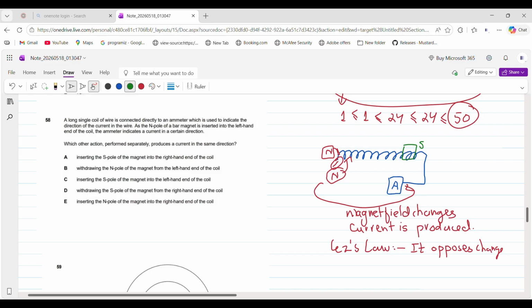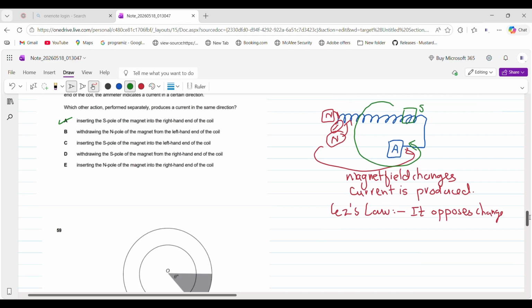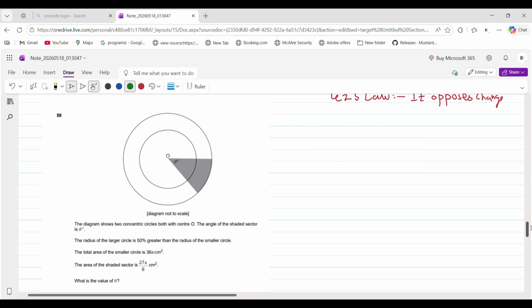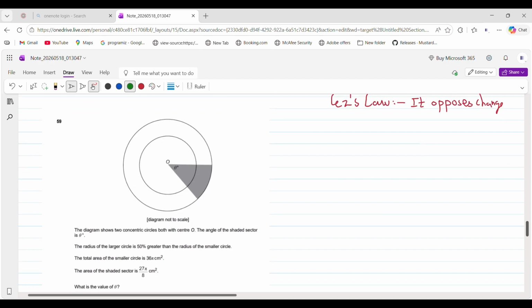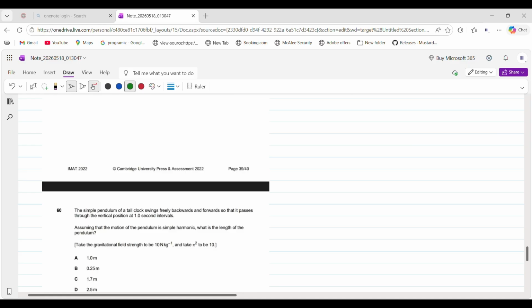Then this would again produce the same direction of current from north to south, right? So from here to here, same current direction, which means our A option is right. We didn't need to read further options. We just saw our first option and we got our answer.